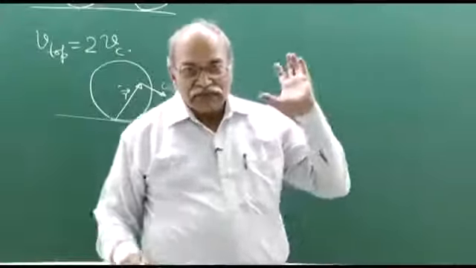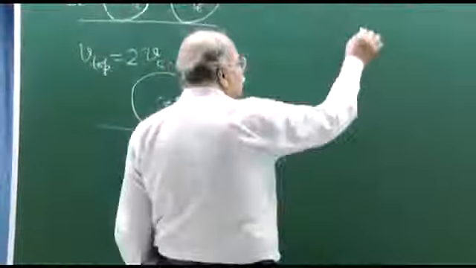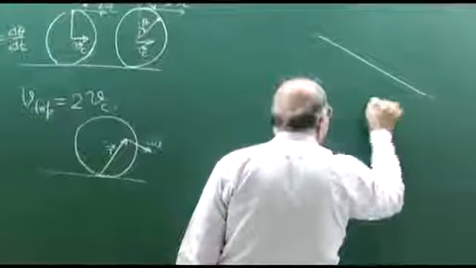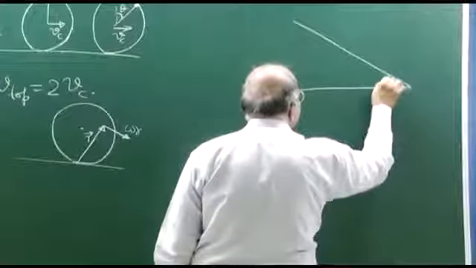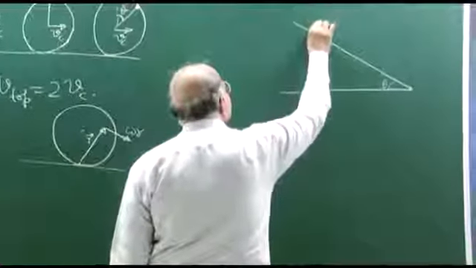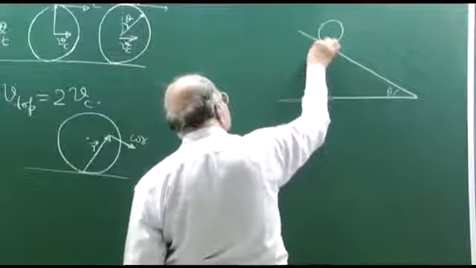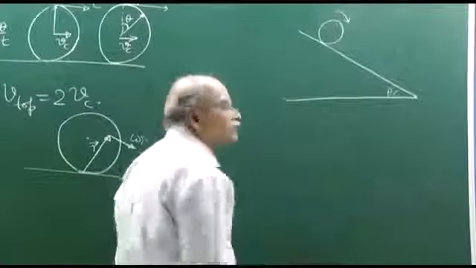So, let us do some analysis and try to understand that. Suppose you have this inclined plane and this angle with the horizontal is theta, and the ball you release from some point and this ball rolls on this inclined plane.